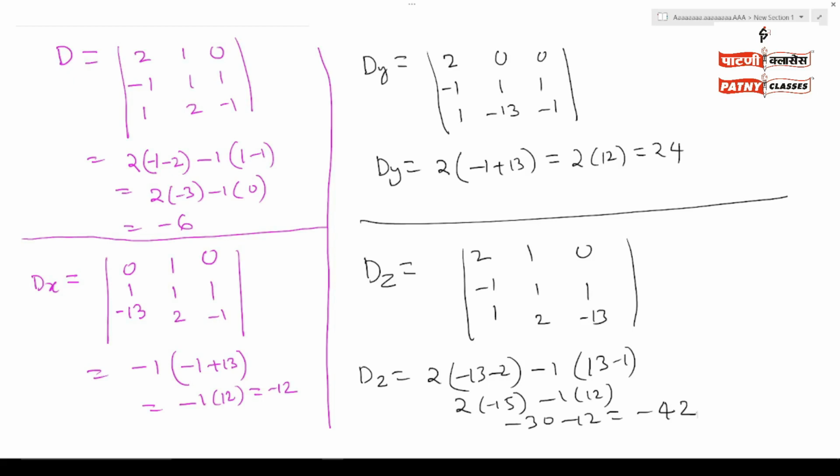Now we calculate the d value, dx value, dy value and dz value. We got d equals minus 6, dx equals minus 12, dy equals 24 and dz equals minus 42. By using these values of dx, dy, dz and d, we can easily find the x value, y value, z value by using the following relations.